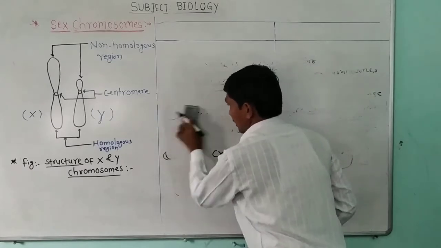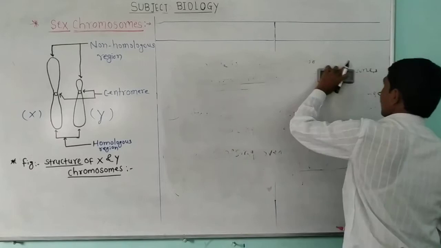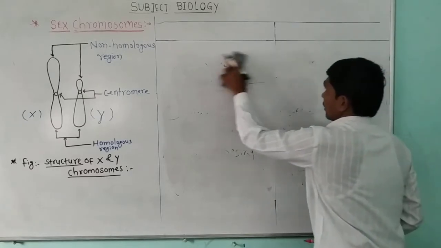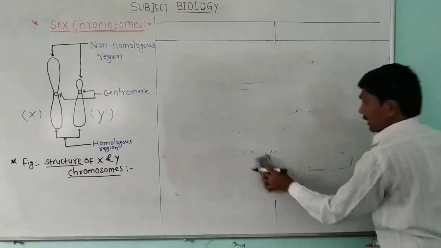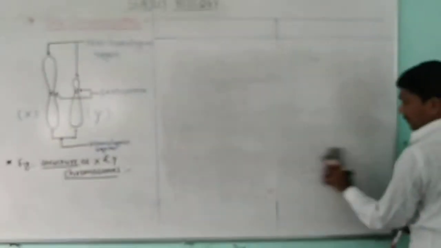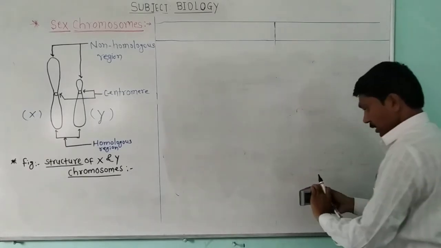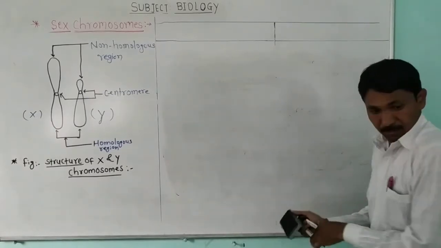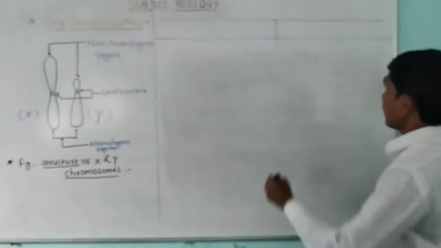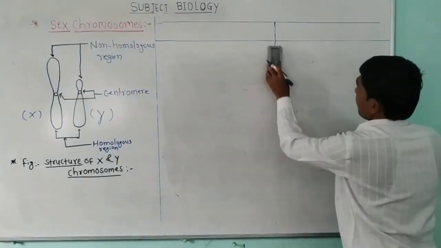So in this structure, the X and Y chromosomes are differentiated with the help of some points. So in this we draw this out as a comparative study.